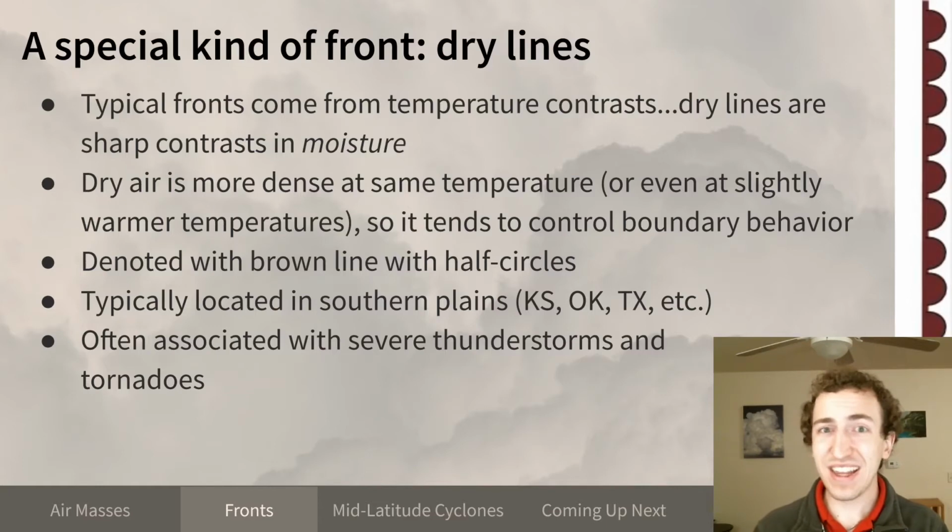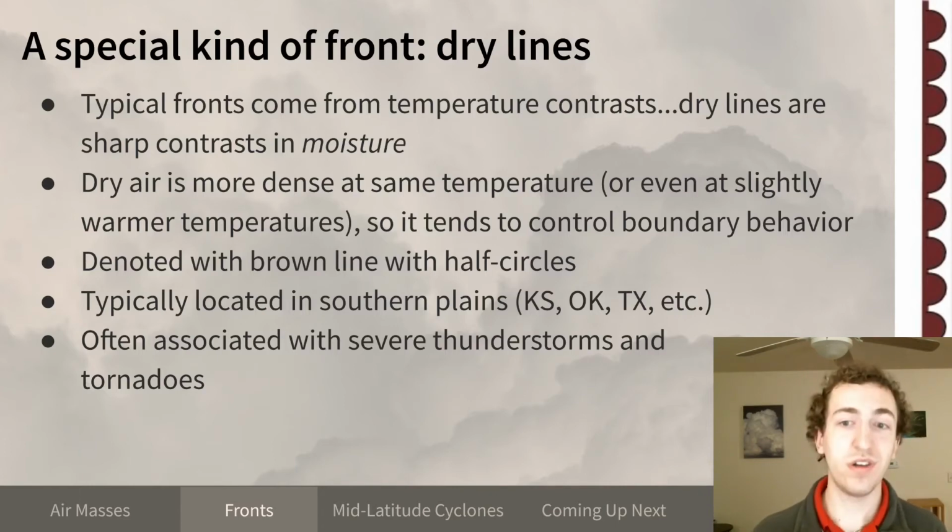But the key thing about these boundaries between air masses is really not just temperature, but density. So dry lines are special in that they are sharp contrasts in moisture. The temperature really doesn't matter that much. Temperature is close to the same when it comes to a dry line. It creates its density contrasts through moisture.